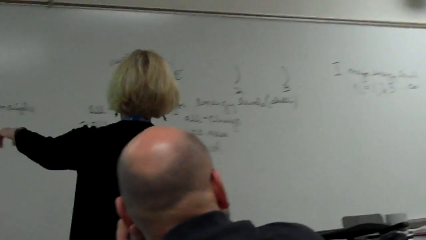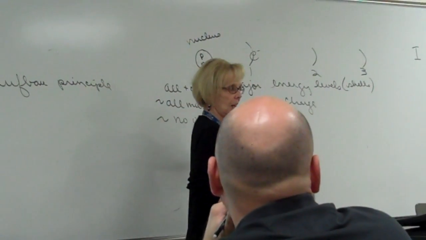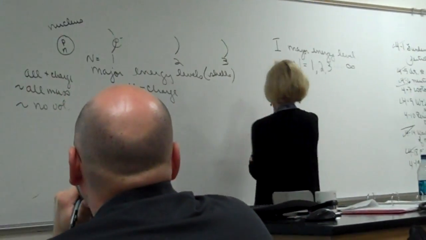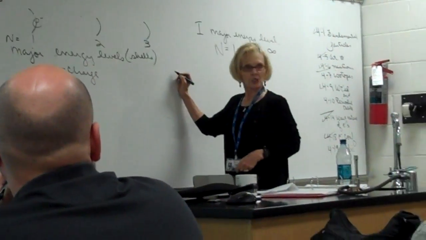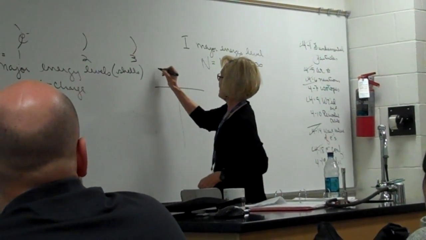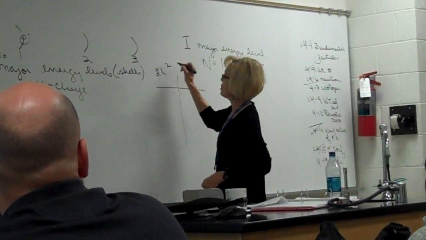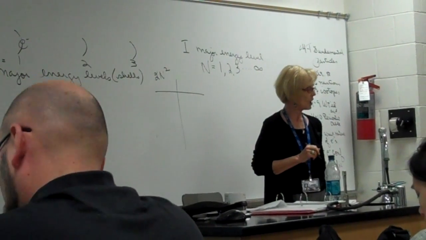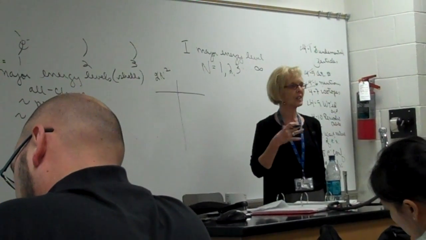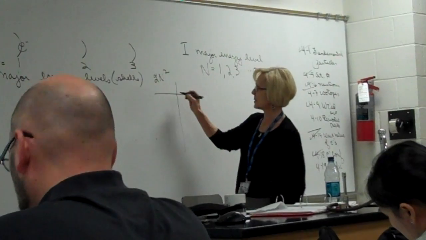So Aufbau: we want to get to the best place we can. But someone discovered that there is a relationship, and the relationship is 2n squared. They just kind of stumbled upon this.